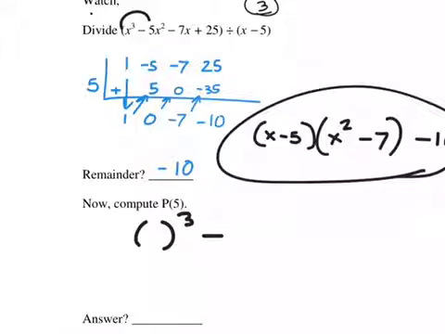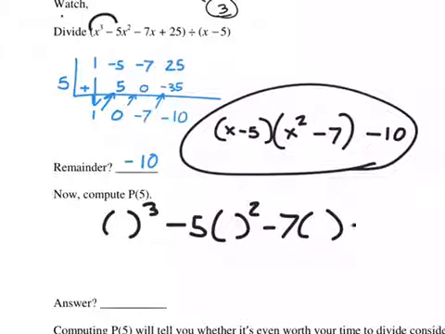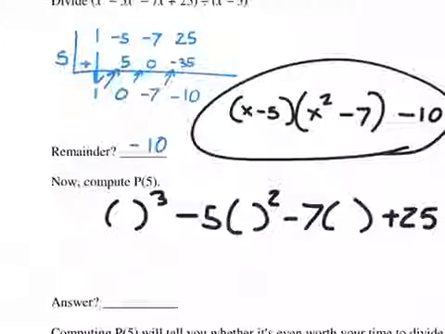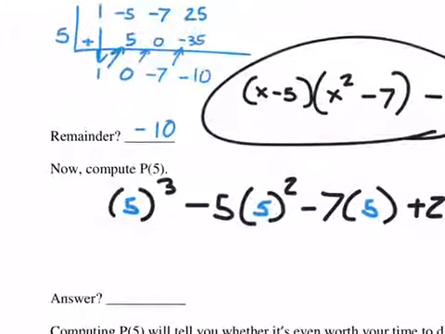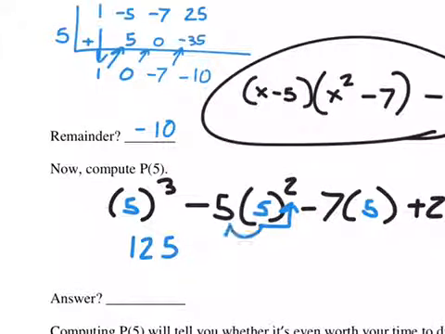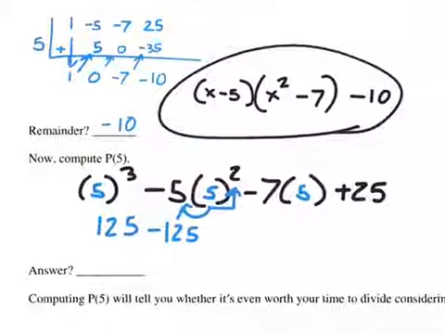So we have minus our 5x squared minus 7x plus 25. And our root that we were working with was 5. All right, so 5 cubed is 125. So in this one, we've got 5 squared, which is 25, times a 5 that's negative, so that's going to be a minus 125. So both of those just cancel out there for us.